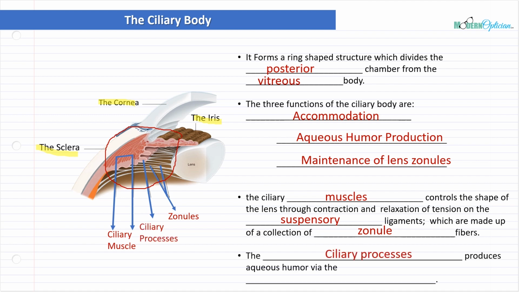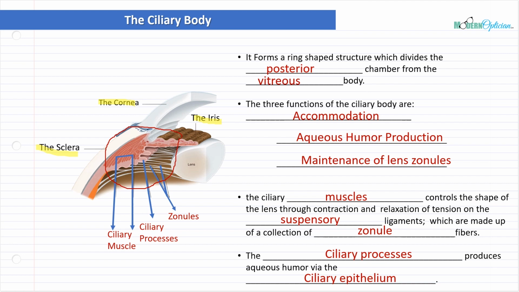Now, the ciliary processes, which are like finger-like projections off the muscle, produce aqueous humor via the ciliary epithelium. So this is really a powerhouse. This structure is not only responsible for holding up the lens and contracting and changing the shape of the lens, it is also responsible for creating that aqueous humor, and it lets the aqueous humor out into that posterior chamber area.